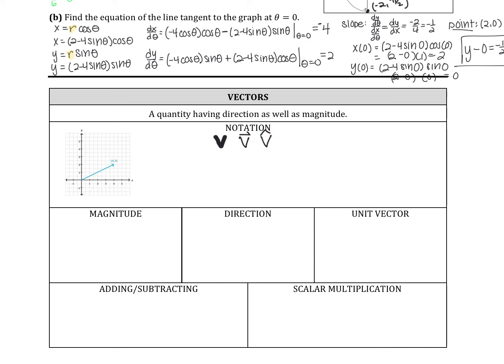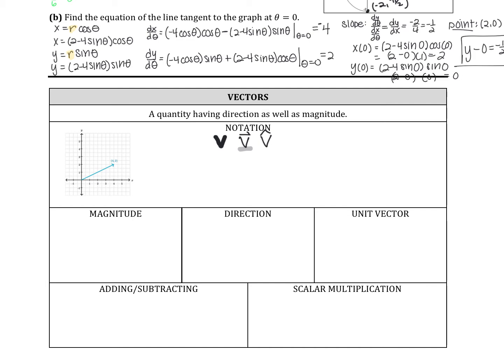In fact, if you watch some physics videos, they say V hat to imply that it's a vector. The bold, you'll see typed a lot. It's really hard to write a bold V. So I would say the most common notation for vectors is the one with the arrow, and that's probably the one I'll use the most.